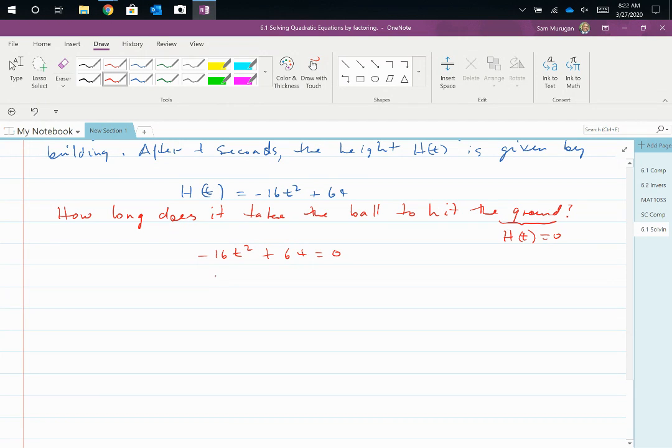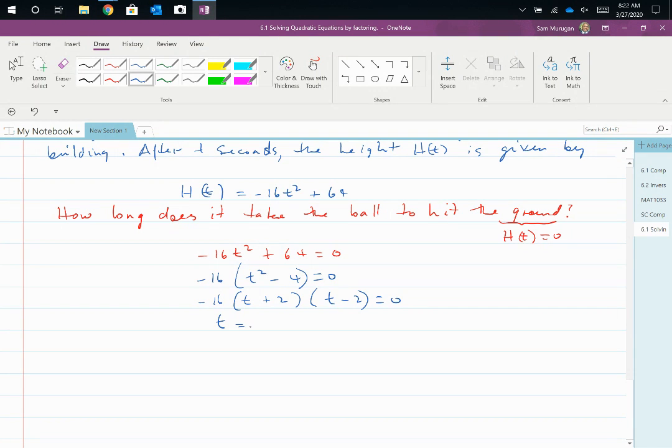You want to go ahead and solve this by factoring out negative 16. That leaves t squared minus 4 equal to 0. Then factor t squared minus 4 to give t plus 2, t minus 2. Difference of squares.